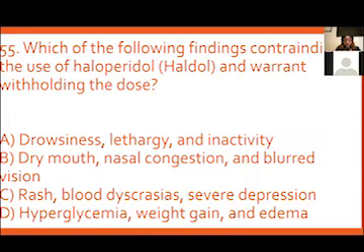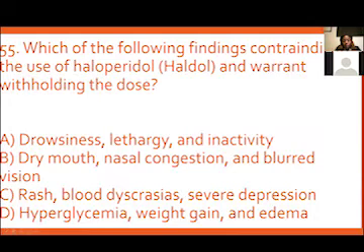In addition to that, blood dyscrasia, which is a pathological condition or disorder such as leukemia, a disease of the blood. In addition to that, they may have severe depression. Someone with severe depression is at risk for harming themselves. So I'll keep an eye on C.